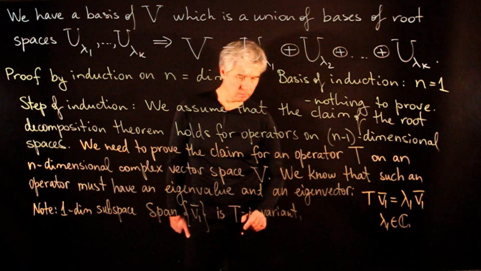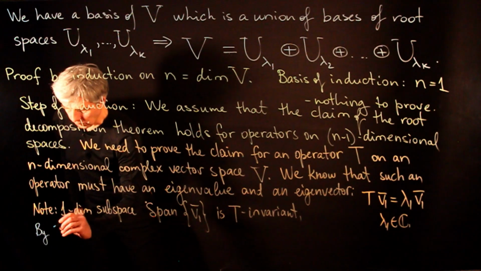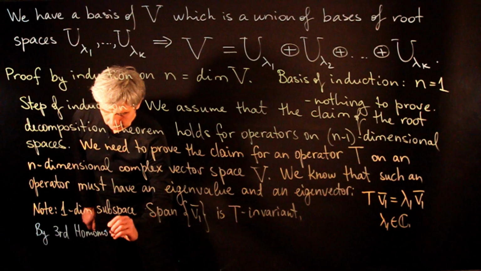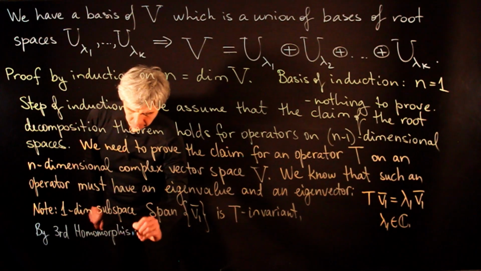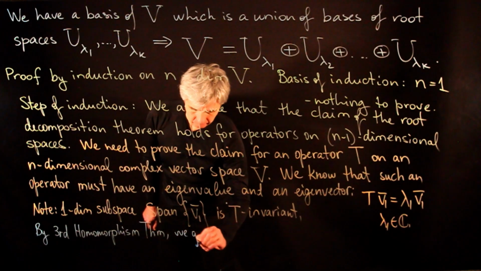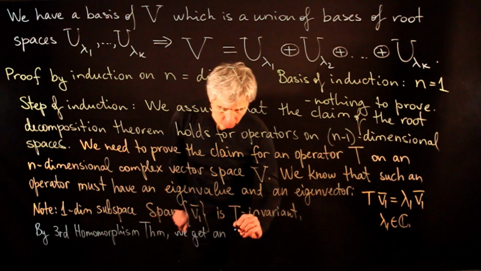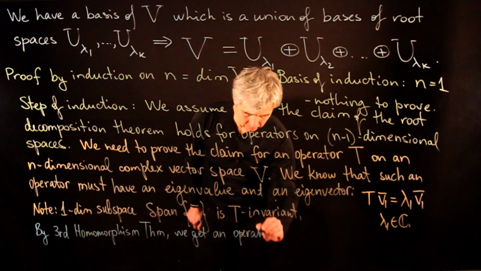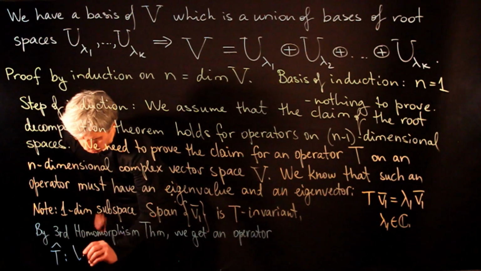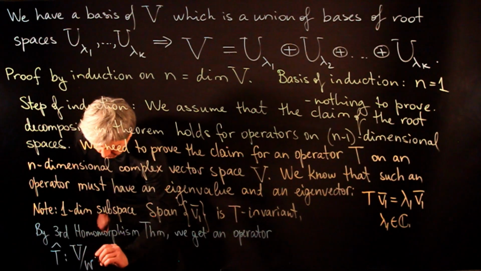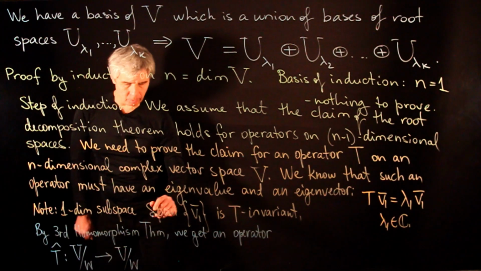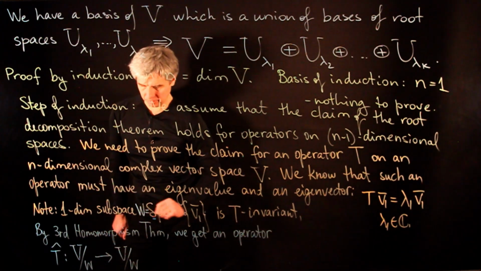And by the third homomorphism theorem, we get an operator T hat from the quotient space V by W to the quotient space V by W, where W is this one-dimensional span.